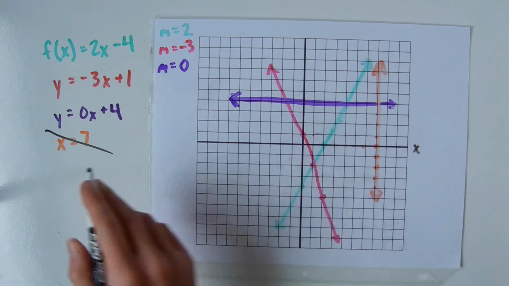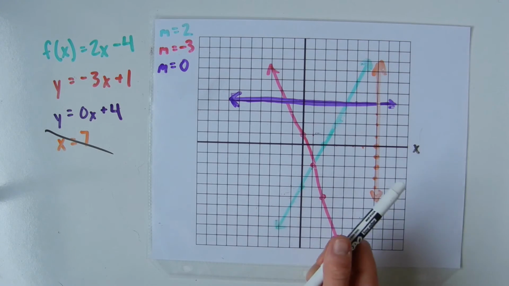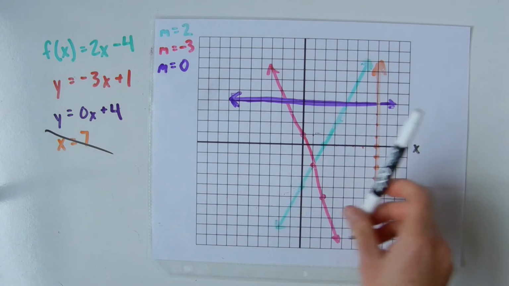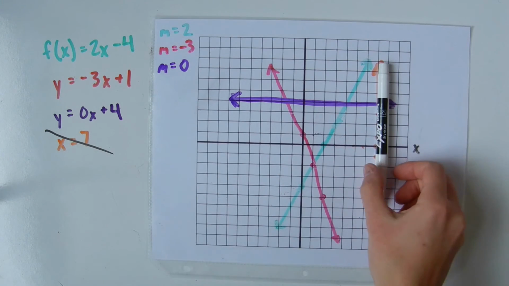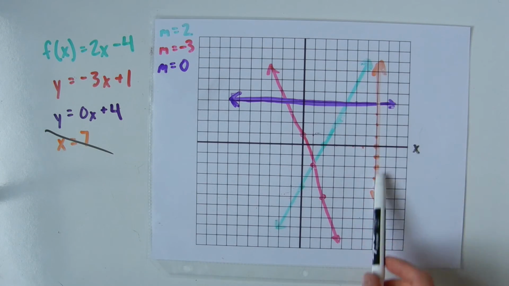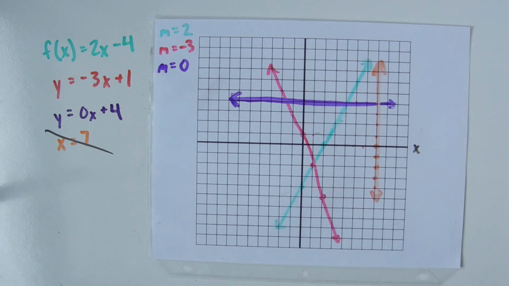And remember, in order to be a function, each value in the domain can only match to one value in the range. But here, the one value in the domain, 7, matches to multiple different values in the range, or multiple different y's. So this last equation is not a function.